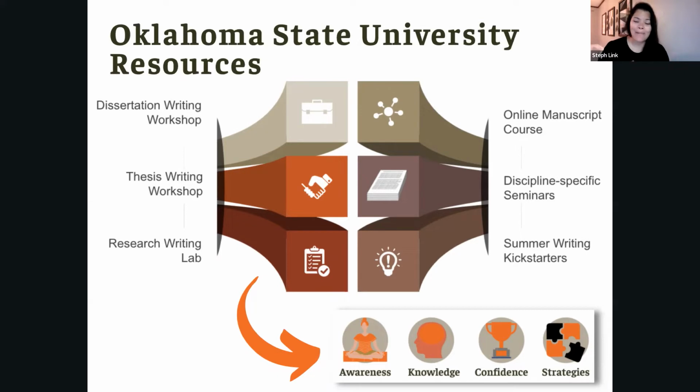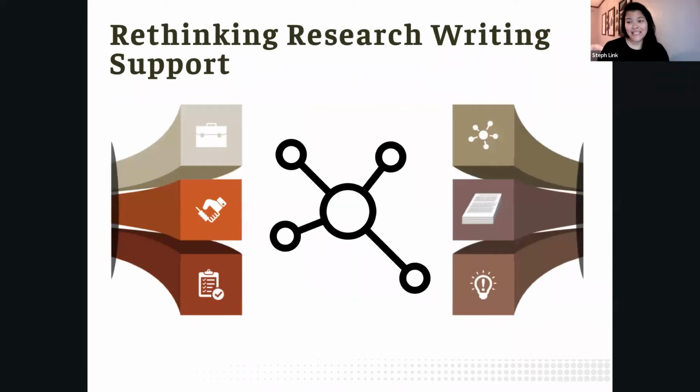And that's a really complex process. Confidence: students were showing us that they had low confidence in understanding the conventions of their discipline, for example. And then ultimately strategies, bringing these resources together to devise strategies that are effective for the individual writer. Those were problems that we're continuing to see.